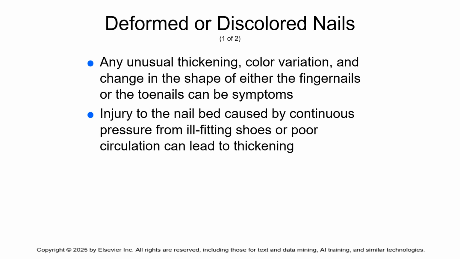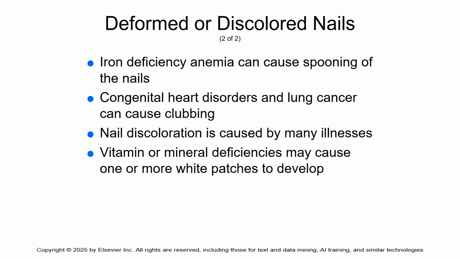Nails with any unusual thickness or difference in shape or color are usually considered to be deformed or discolored nails. Some of the causes can be injury to the nail bed or pressure because of misfitting shoes, that kind of thing. Anemia can also cause nail beds to look pale.